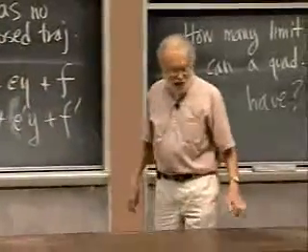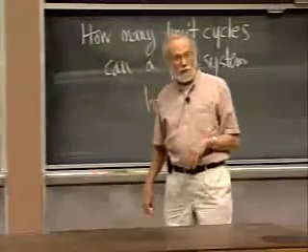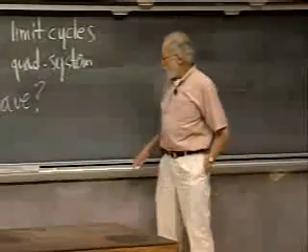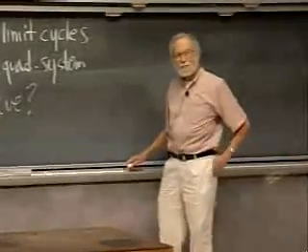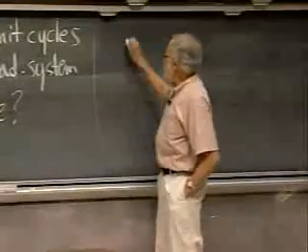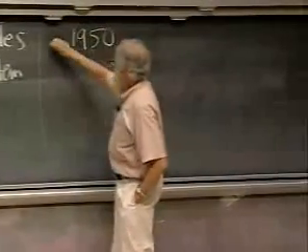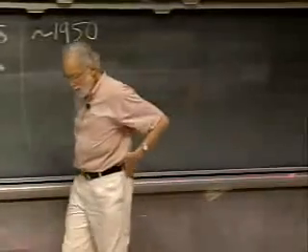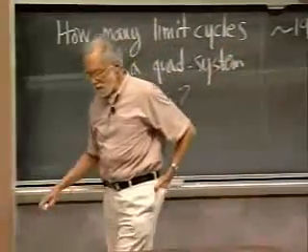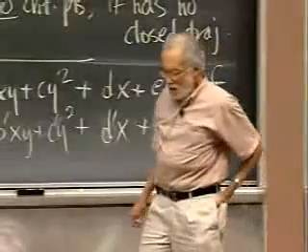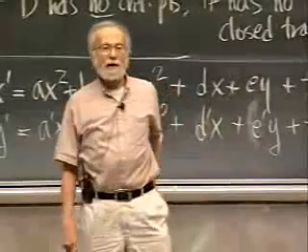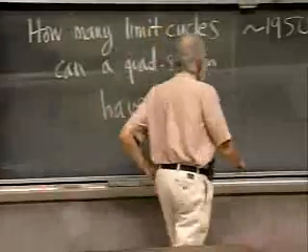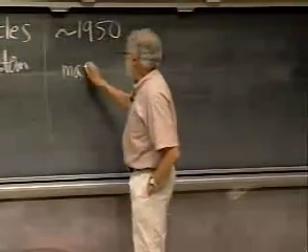There were attempts to solve it in the 20 or 30 years after it was first proposed, through the 1920s and 30s, which all of them seemed to have gaps in them, until finally in around 1950, two Russian mathematicians, one of whom was extremely well known, Petrovsky, a specialist in systems of ordinary differential equations, published a long and difficult, complicated 100-page paper in which they proved that the maximum number is 3.